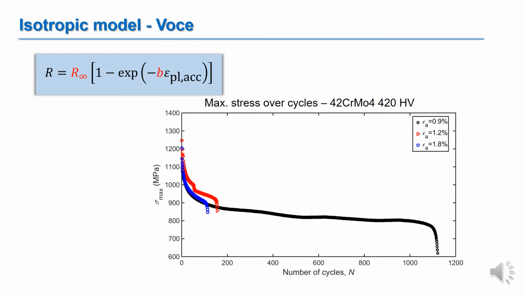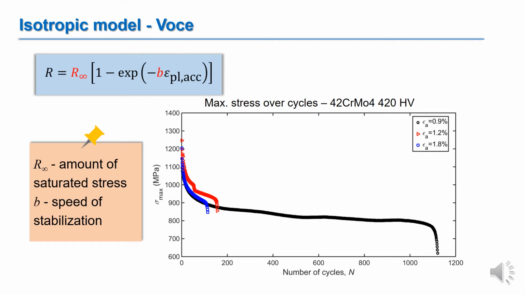Voce's isotropic model is expressed with the presented equation, which requires estimating two material parameters: R infinite, which defines the amount of the saturated stress, and parameter B, which defines the speed of stabilization.